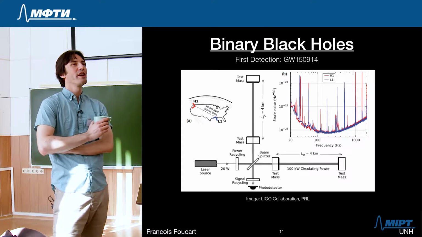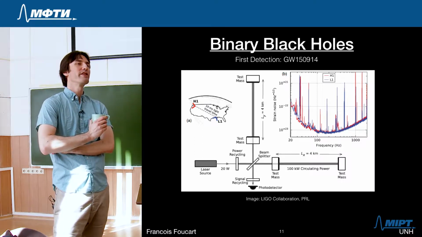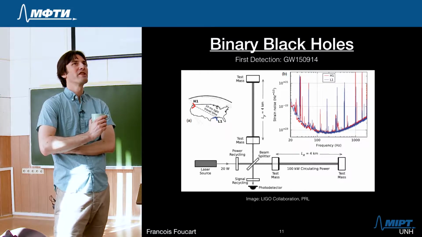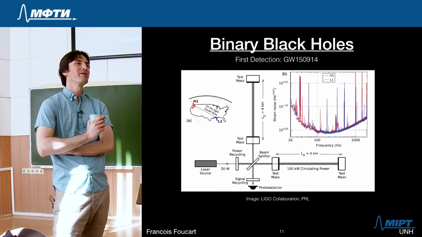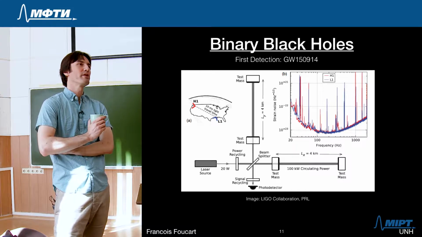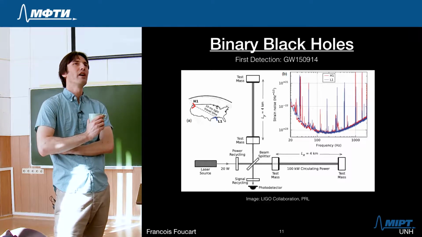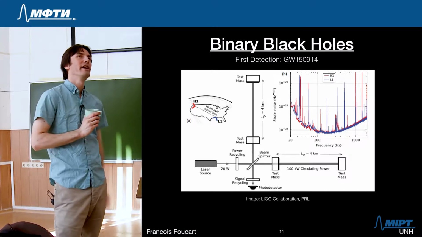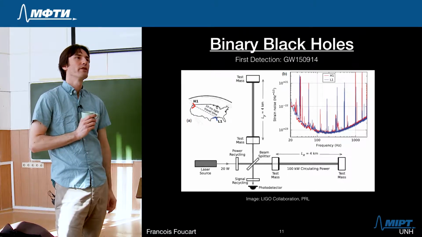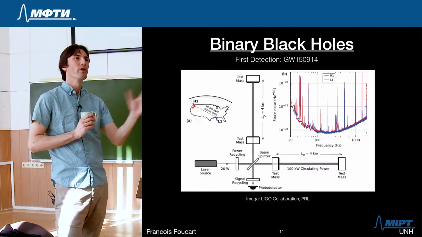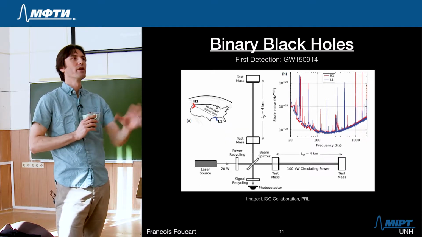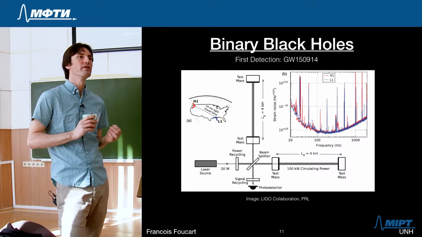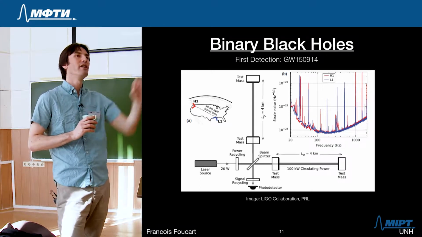Not all directions are equal. So you can see farther in some directions than others. But you are reasonably sensitive in all directions, especially once you get either Virgo at design sensitivity or KAGRA, then you can go reasonably far in all directions. Currently Virgo has a bit more noise than LIGO because of suspension issues, so it doesn't see as far.